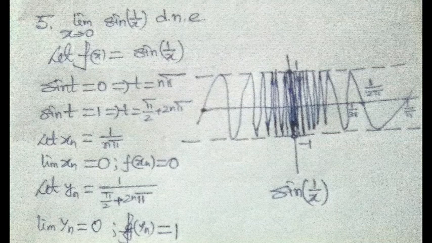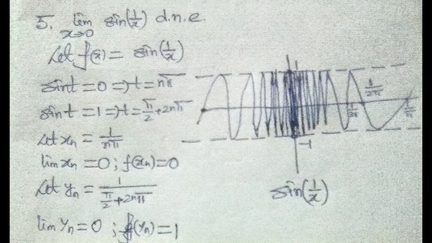But xn equals 1/(nπ), so clearly f(xn) equals sin(nπ), that means 0. And similarly, f(yn) equals sin(π/2 + 2nπ), that means 1.